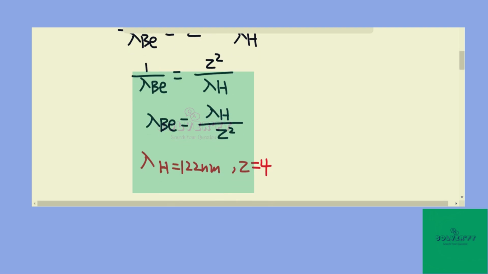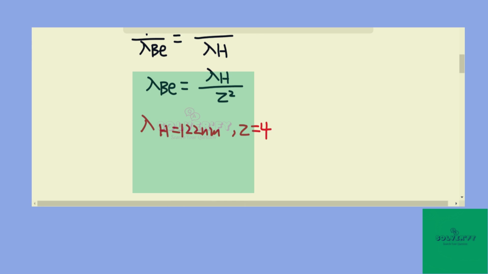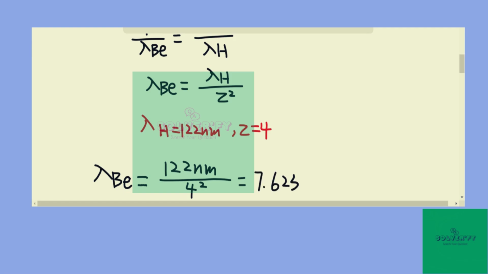So we know the wavelength of the hydrogen atom is given as 122 nanometers, and the Z, which is the atomic number for beryllium, is 4. So therefore, if we plug back into the equation, we'll have the wavelength for the beryllium atom is equal to 122 nanometers over 4 to the power 2, which will give us 7.625 nanometers.